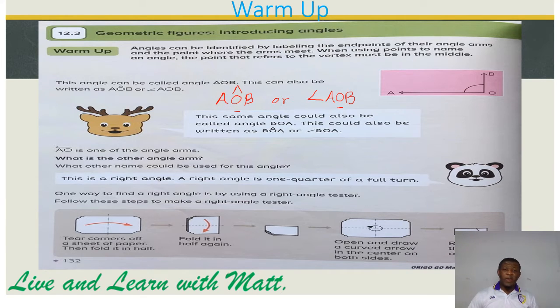So this same angle could also be called angle BOA. We can also call it BOA, starting from this point. This could also be written as BOA, as you can see here. So the ray AO is one of the angle arms.